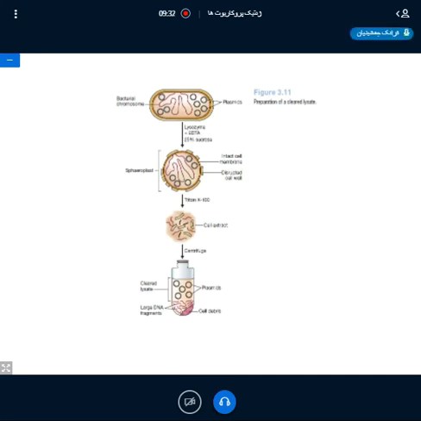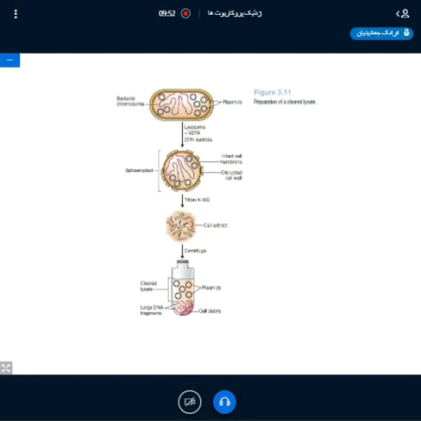So, I told you in this picture that we can separate the plasmids. The plasmids can be extracted by two types.